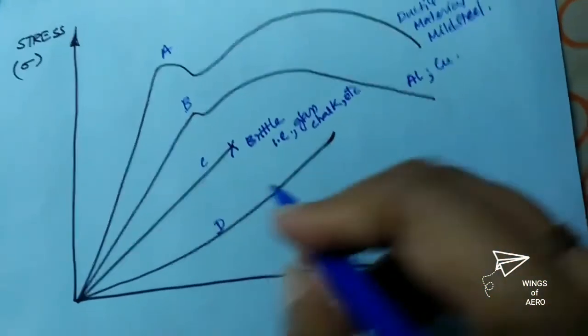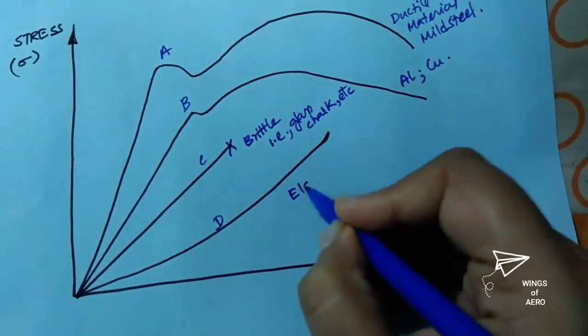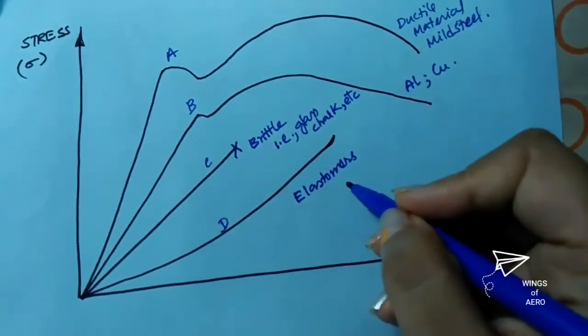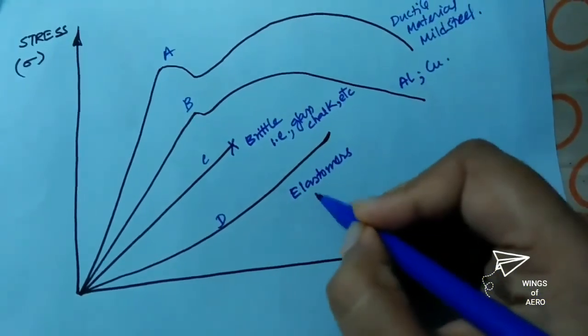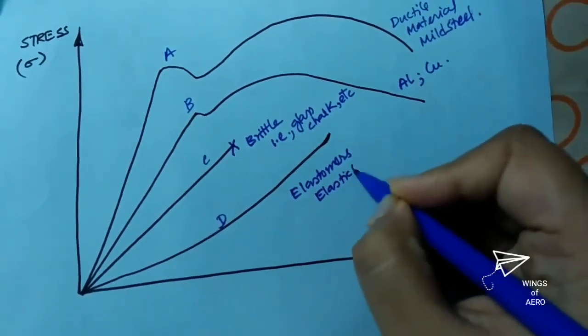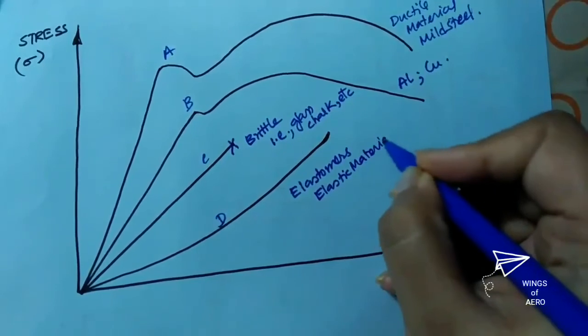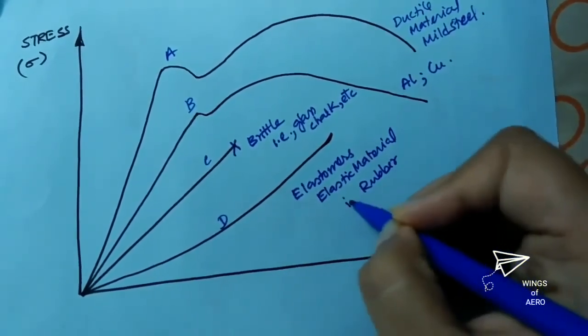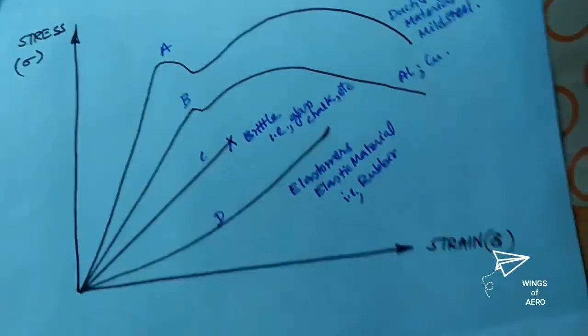This is the property of elastomers, or what we call elastic material, like rubber. This is an example.